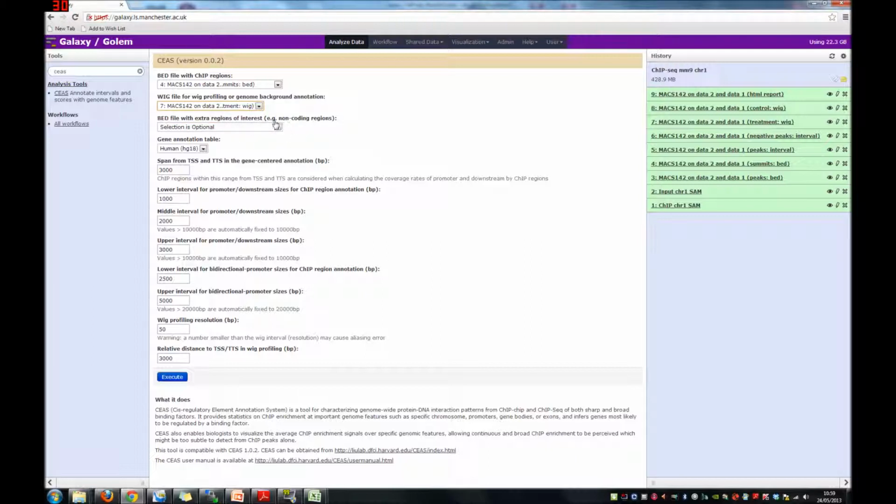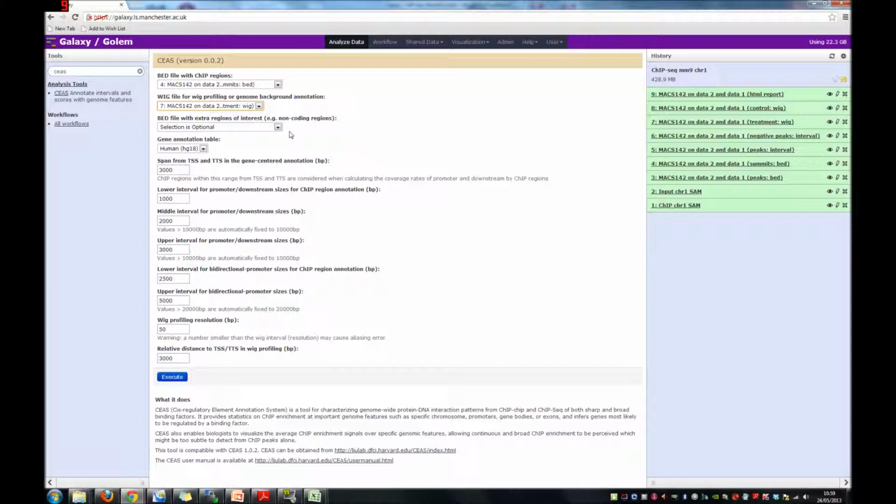Now we're not going to in this tutorial, but say you had another bed file of interesting regions, for example lists of CpG islands or other areas of interest that your laboratory is interested in.